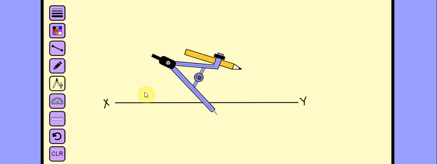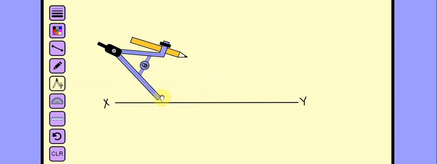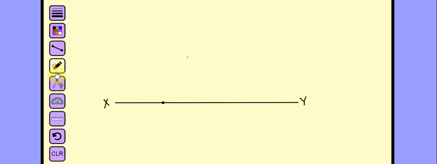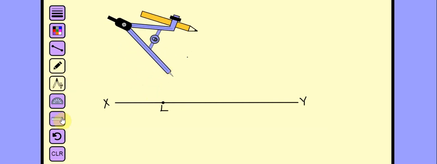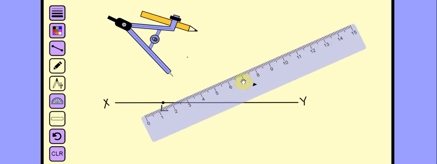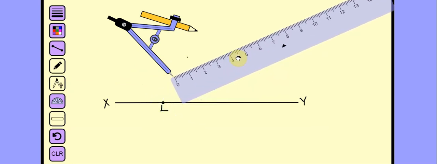First we will mark the point L. You want to ensure that there is some space to the left of L, between X and L, and you will see why as we continue through this question. Then we are going to open our compass to a separation of 4.9 centimeters in order to get the length of LM.